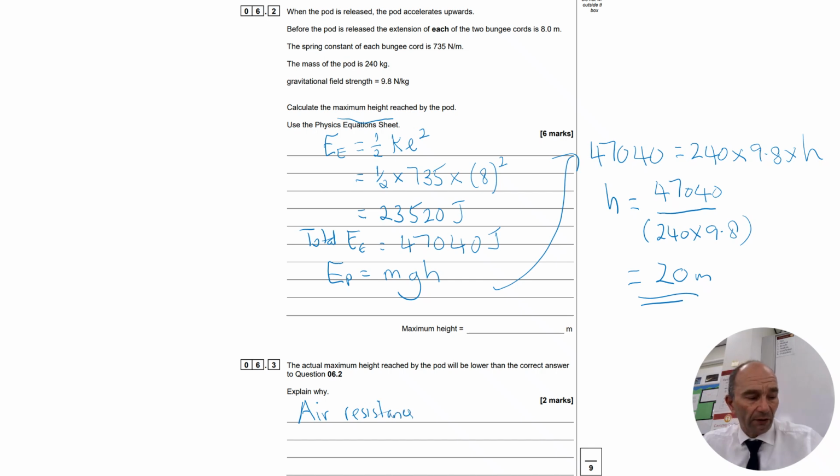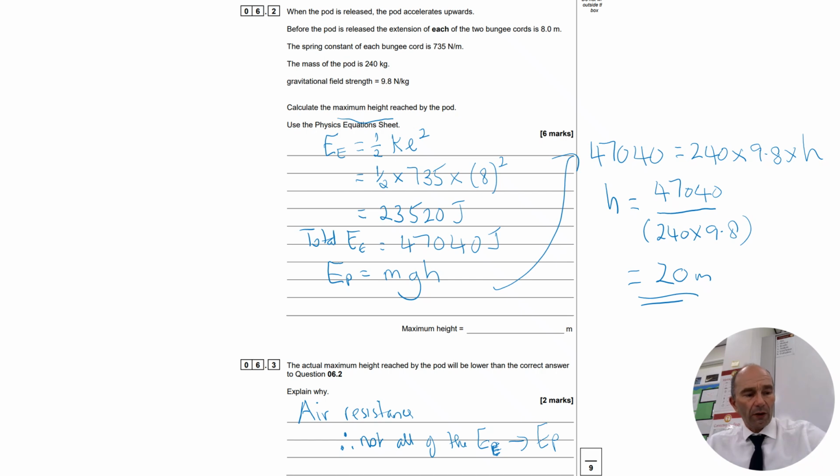So air resistance will oppose the upward motion of the pod, which means, therefore, not all of the elastic potential energy, so that's EE, gets converted into the gravitational store of energy. So that's why you're never going to hit that maximum height of 20 meters.